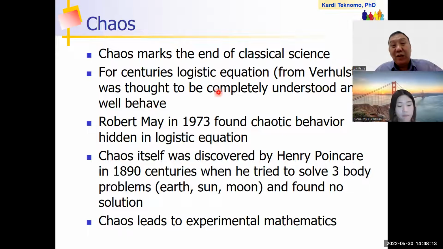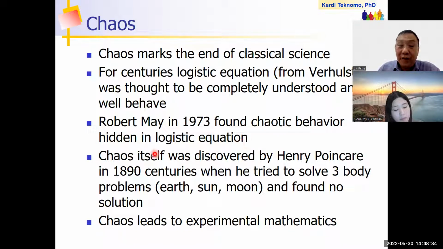For centuries, the logistic equation from Verhulst a while ago, we thought it was completely well understood for 100 years. Oh, the name is Robert May. I read that paper in Nature. In 1973, he found the chaotic behavior hidden in the logistic equation.